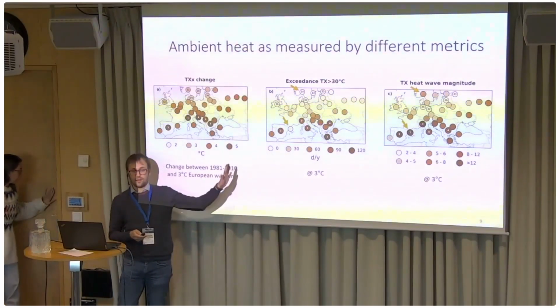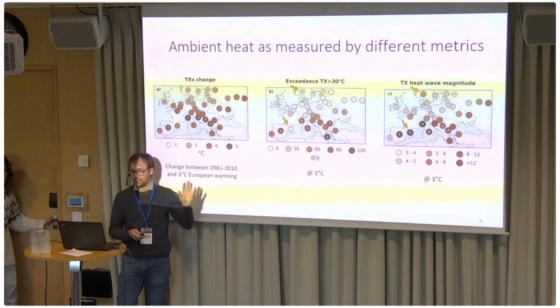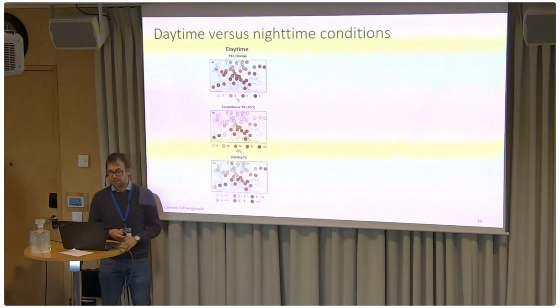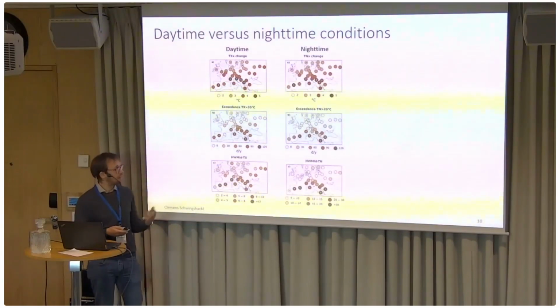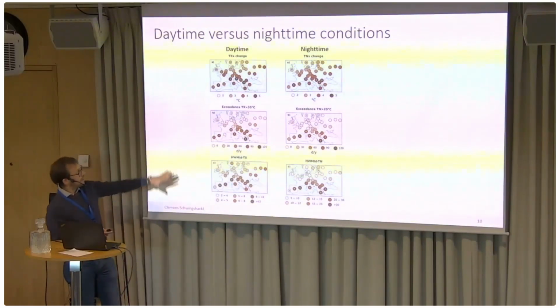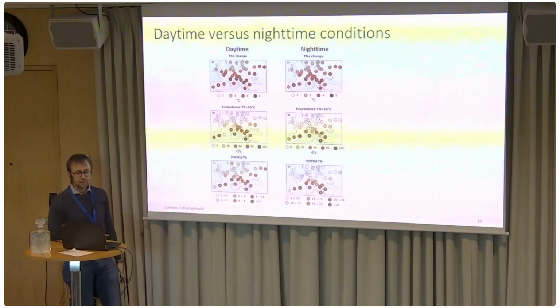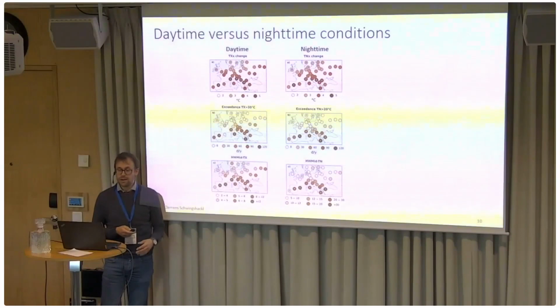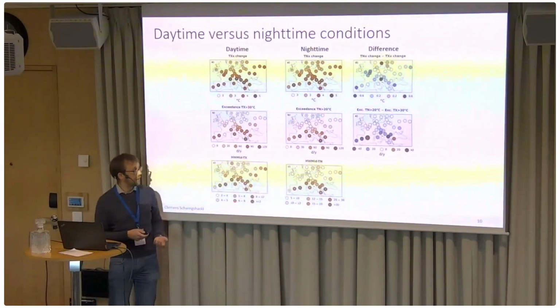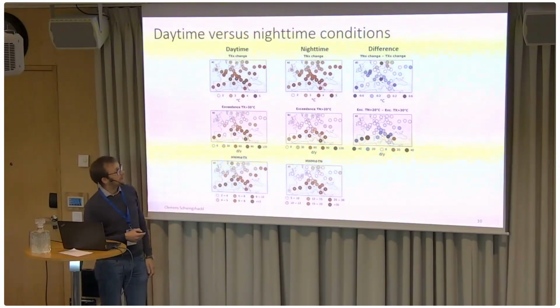Now, this is all for daytime conditions, so it's based on daily maximum temperature. And we also performed this using daily minimum temperature, so that's kind of indicative for nighttime conditions. Now, if you check here, just roughly, you see that the patterns are very similar. But if you look into the change between these two, you see quite some substantial differences. Now here, this is the difference between nighttime and daytime.